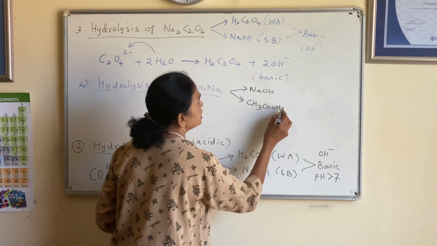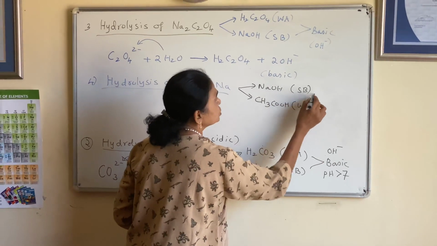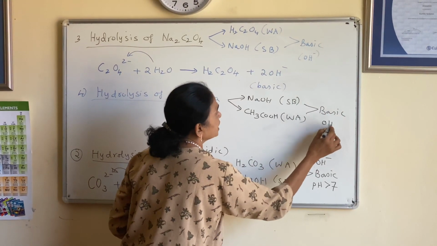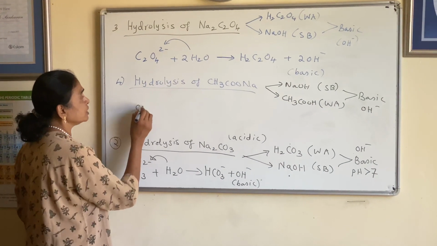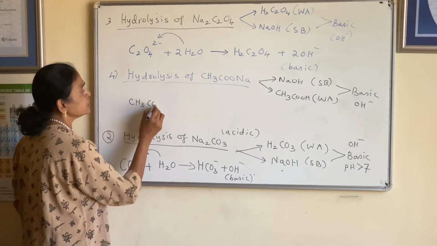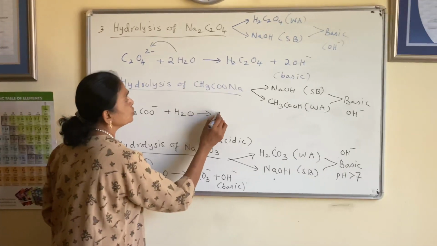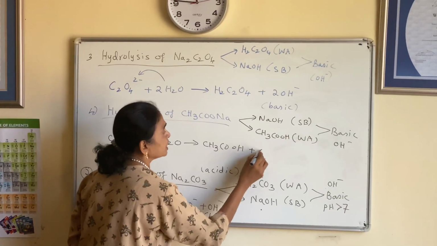This one is a weak acid, and this one is a strong base. So the final solution is basic with OH minus. So we start with the negative ion because we got the negative ion as the product. We take the negative ion plus water, which gives you ethanoic acid and OH minus.